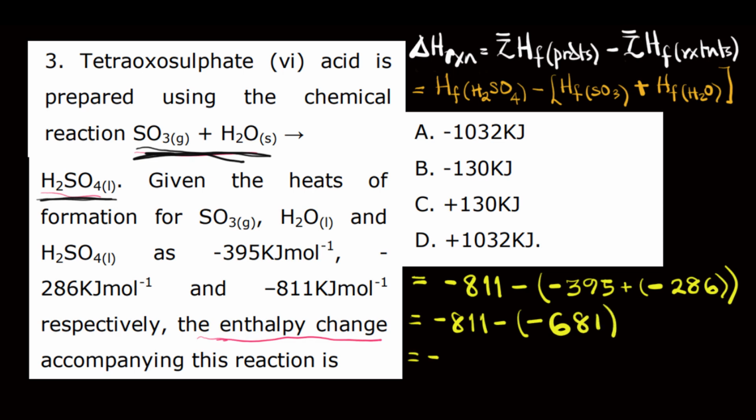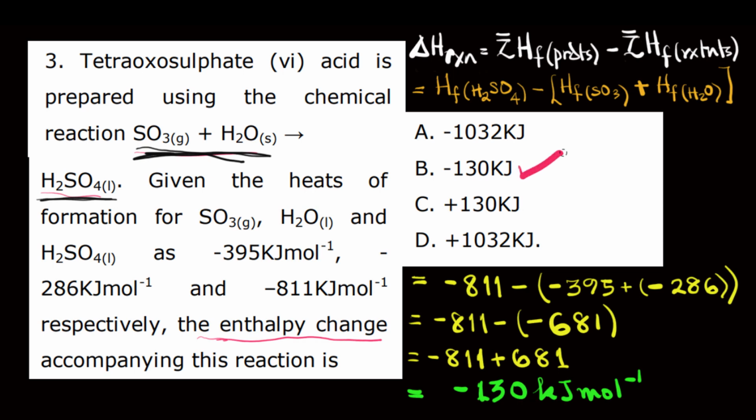And further evaluation of this becomes minus 811 plus 681, which gives us minus 130 kilojoules per mole. So the answer to this question is B, minus 130 kilojoules per mole.